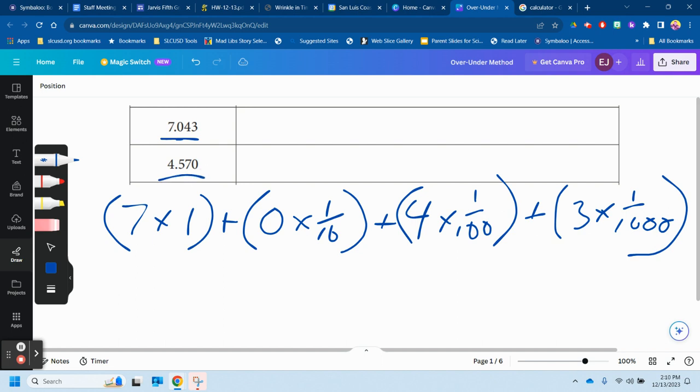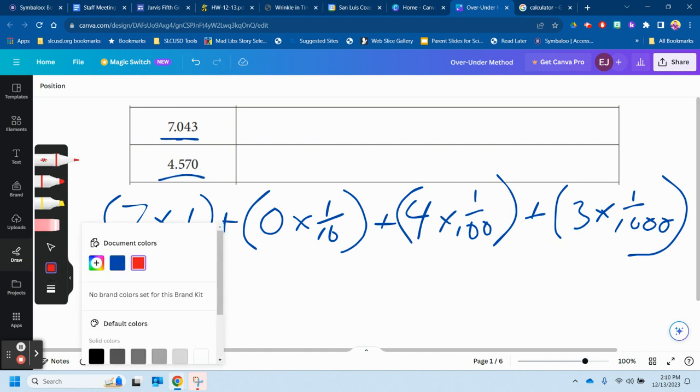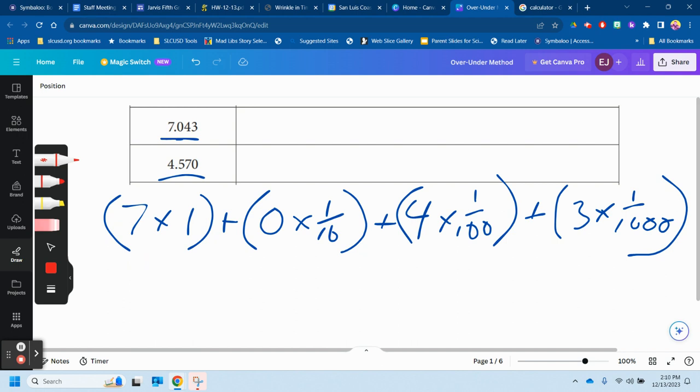That's what it should look like. So the next one I'll do in red here: 4 and 570 thousandths. Well, this 0 really bothers me because it's not necessary. It doesn't do anything. But needless to say, I guess we'll write it out how they want it.